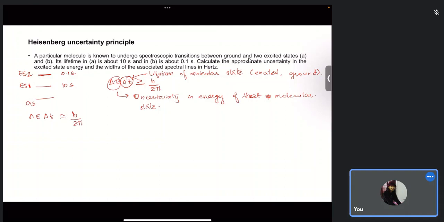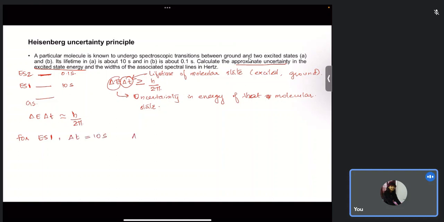In the first part of the problem, we have been asked to calculate the approximate uncertainty in the excited state energy. Here the lifetime for excited state 1, delta T, is equal to 10 seconds.